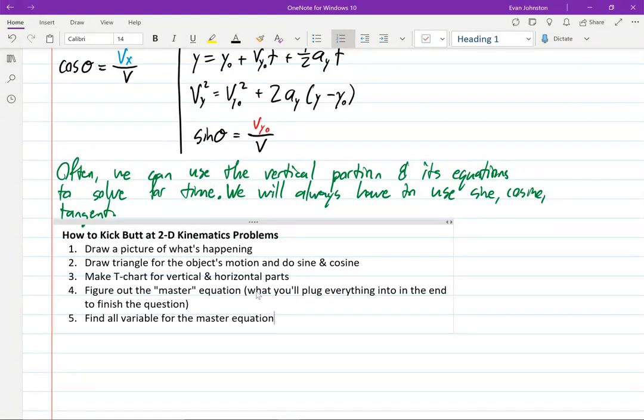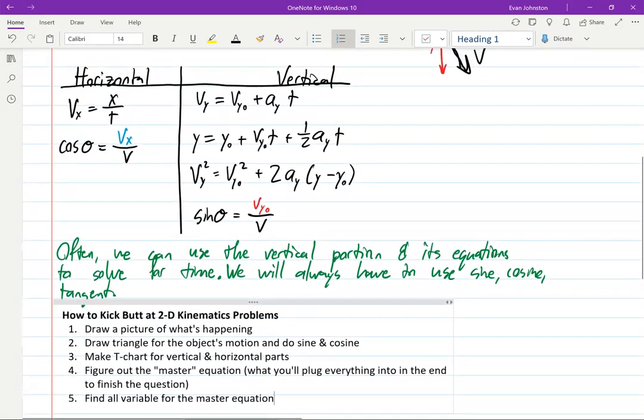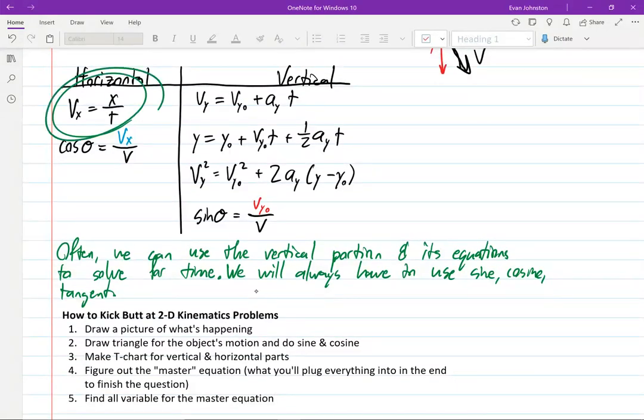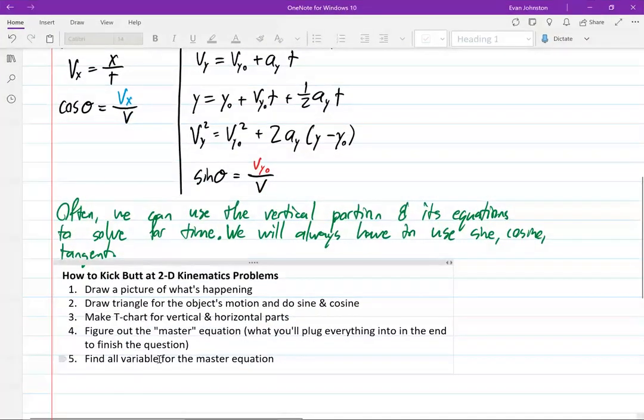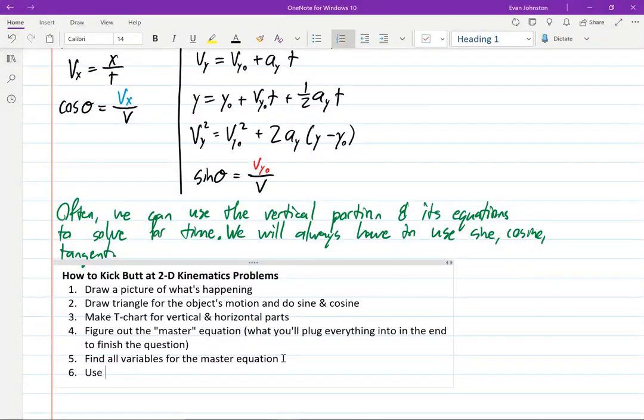Now that's a lot easier said than done, I know, but in the example here, if this is your master equation, the components you need are Vx and t, right? So find all the variables for the master equation. And then final step, use or plug into the master equation. Done. That's really it. These are the overall steps.